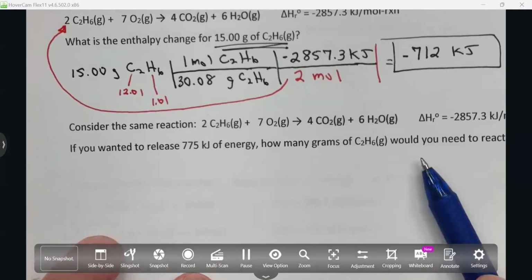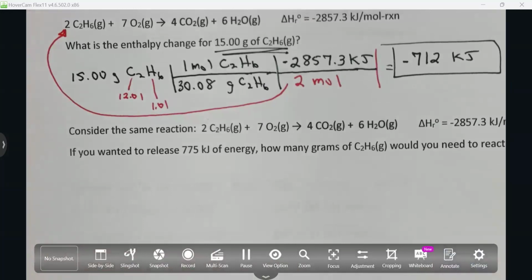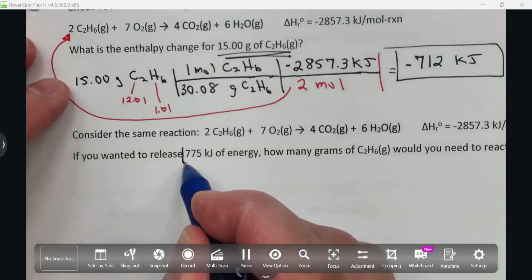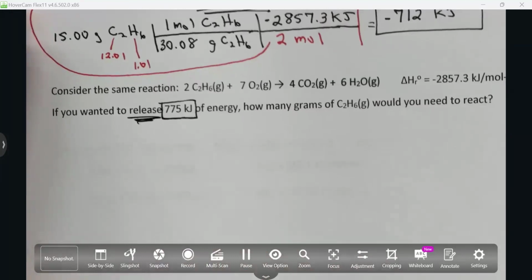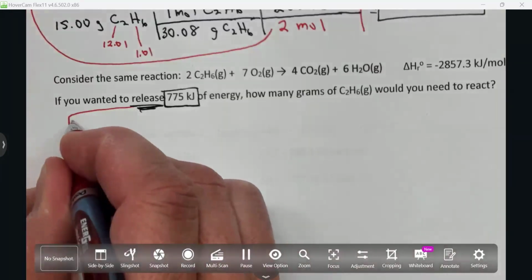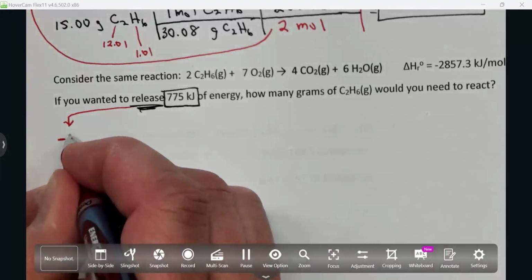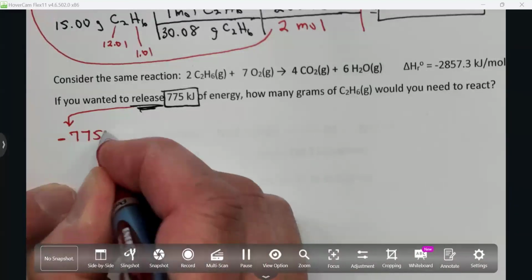All right, this would make more sense here. So we're going to use the same reaction and we're going to calculate how many grams you would need to release a certain amount of energy. In this case, 775 kilojoules. If we're going to release that, it's going to be negative 775 kilojoules.